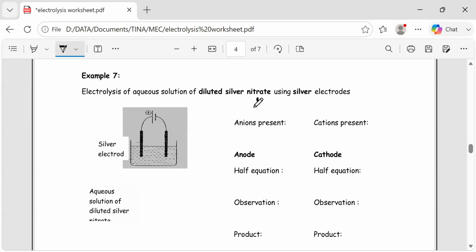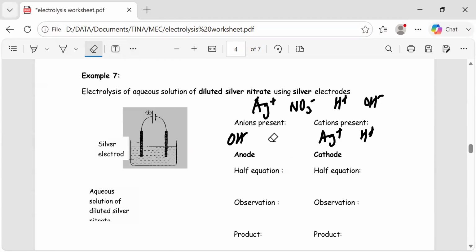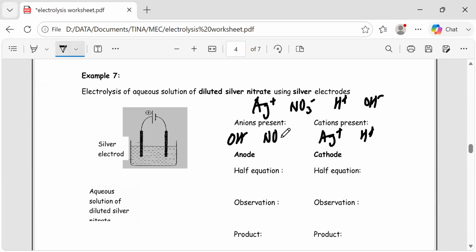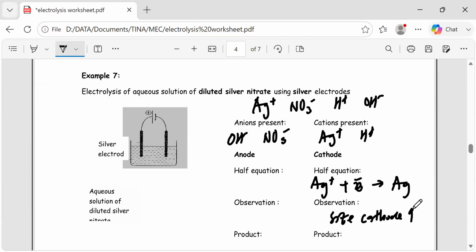So, silver nitrate, water. So, cation, anion. Same thing, nitrate, sorry. Okay, so the half equation here will be silver ion becoming silver, so the size of the cathode increases.